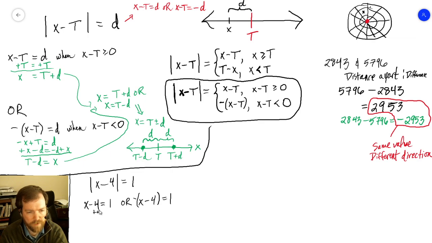Here, again, add 4 to both sides. We get that x is equal to 5. Or distribute the negative. We get a negative x plus 4 equals 1. Subtract 1, add x.